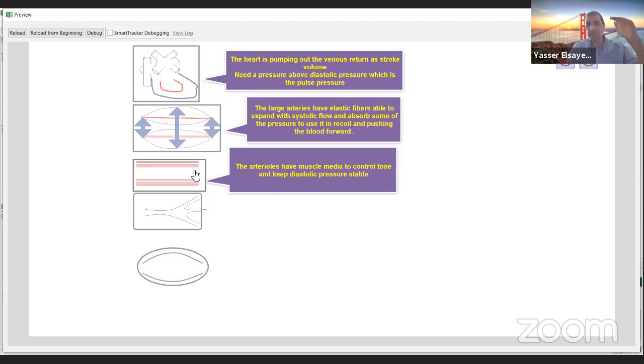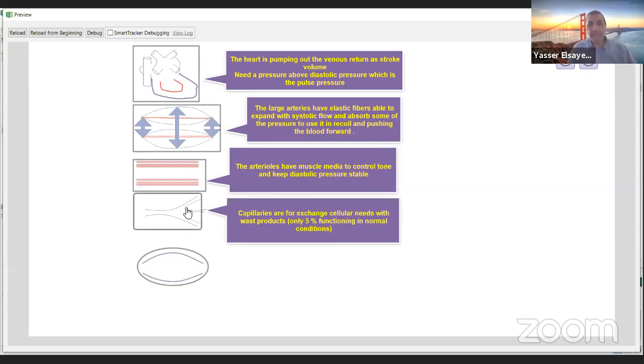If you have low stroke volume, or low venous return, because the stroke volume should equal venous return, or a weak heart, then you have low systolic blood pressure. If you have low vascular resistance or low overall volume of the body, like dehydration, then you have low diastolic blood pressure.